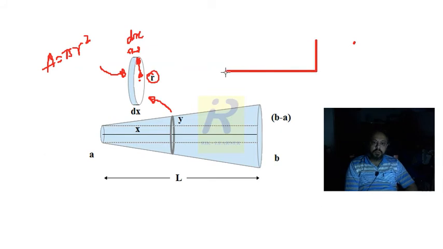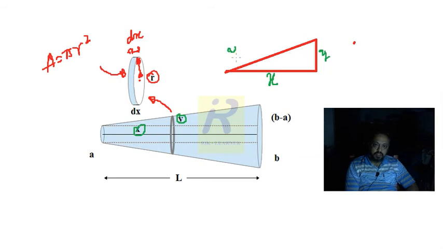So, one more line I can draw here, this much. So, now this is y, and this distance is x. Just refer to this picture. So, x is here and y is here, and this is a straight line.